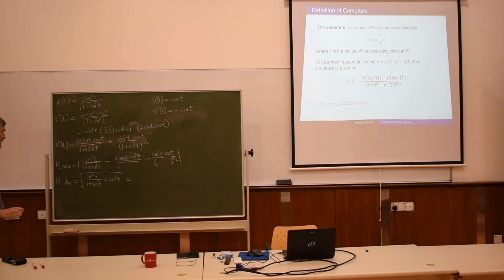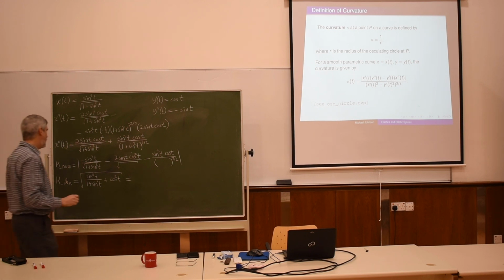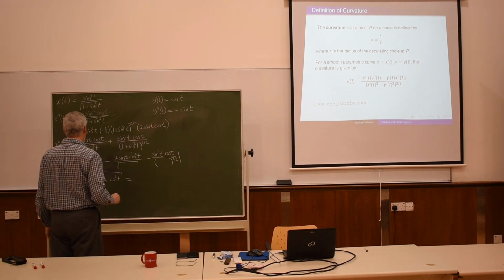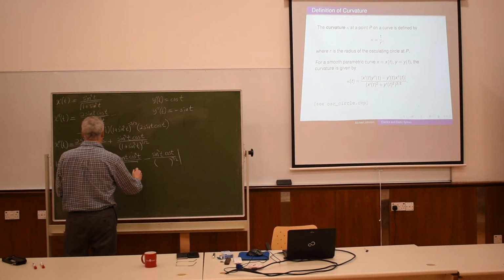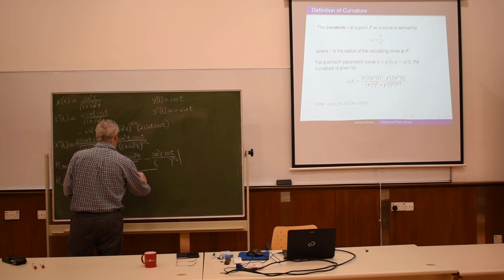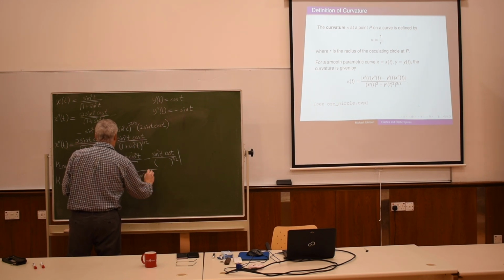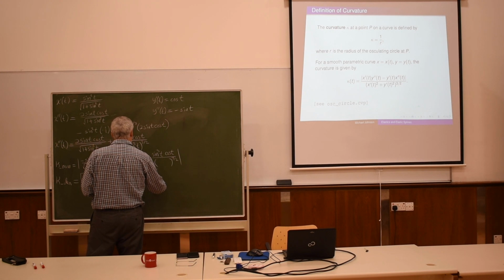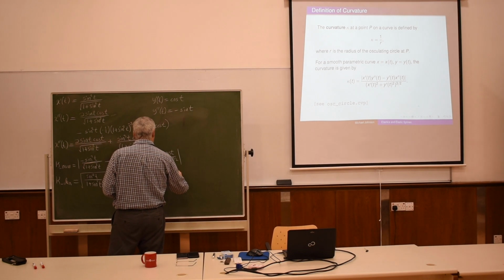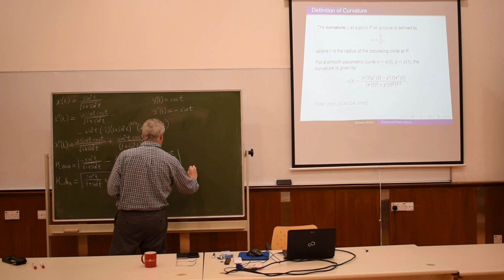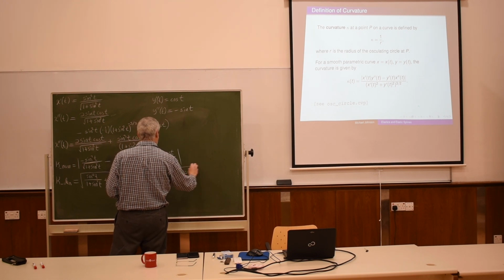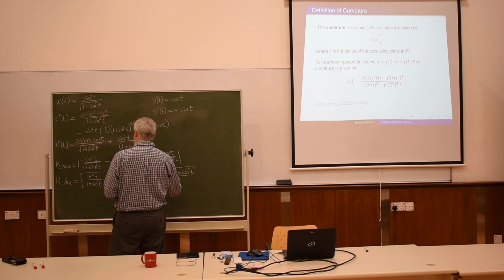I think this simplifies. We have to put this on a common denominator, right? So we'll have sine to the fourth plus cosine squared t plus sine squared t times cosine squared t over 1 plus sine squared t.